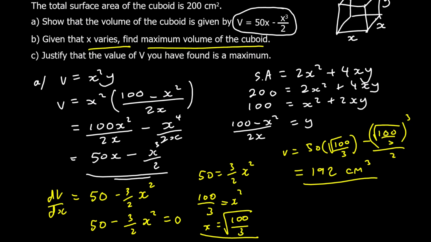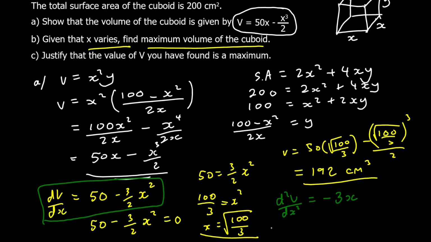Justify that we've got a maximum. So the second derivative. So we've got the first derivative here. The second derivative is times by the power, take 1 off the power, the 50 disappears. So we are going to have negative 3x.